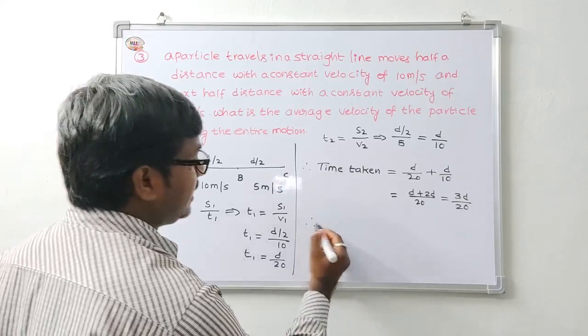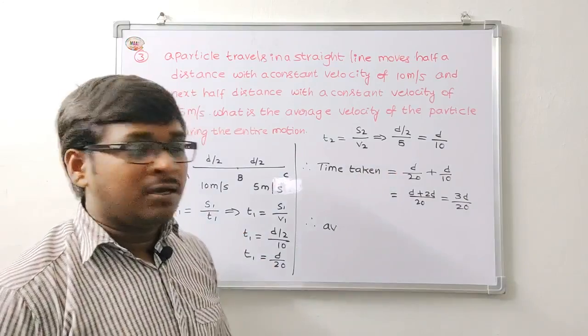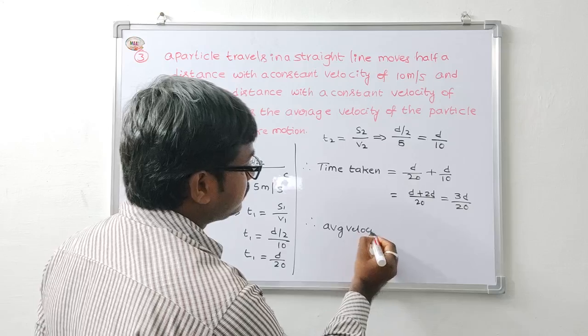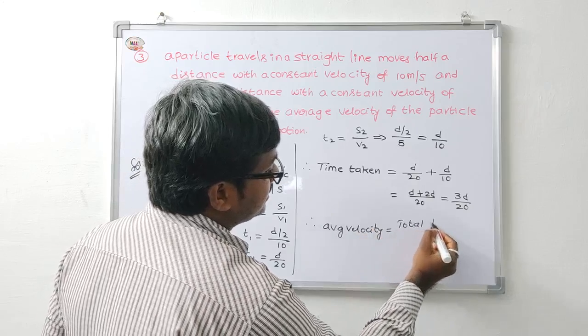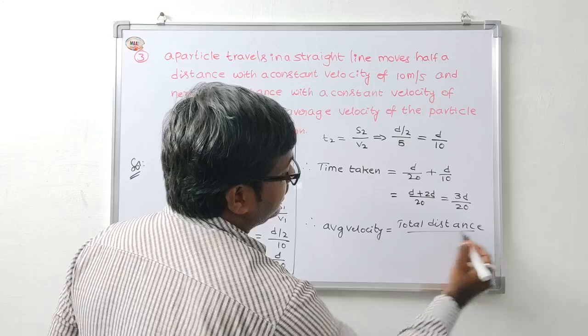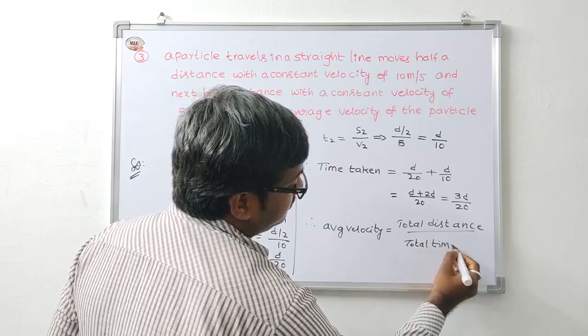Therefore, the average velocity of the particle during the entire motion is total distance by total time.